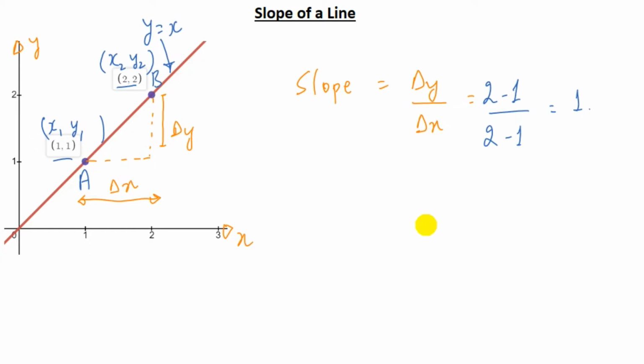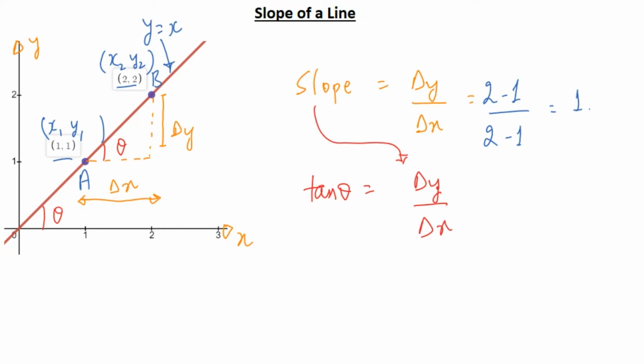Now there is another way to find this slope. Suppose that this angle is theta. So this angle would also be theta, corresponding angles. Now if you find the tangent of this angle, tan theta, that would be equal to delta y over delta x, which is nothing but the slope. So if you find the tangent of this angle theta, you will easily get the slope.